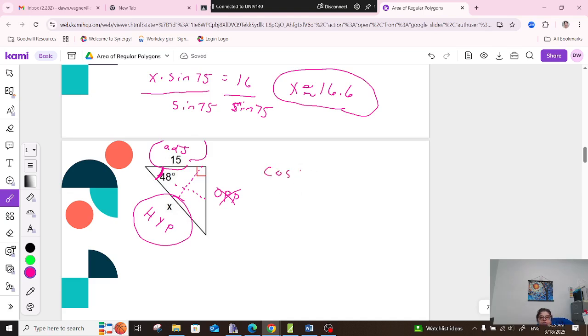Cosine 48 has to equal 15 over x, adjacent over hypotenuse. I will end up dividing, right? Because x is in the denominator. I like to show my work because I'm a math teacher, but if you want to just divide 15 by cosine 48, that's fine.